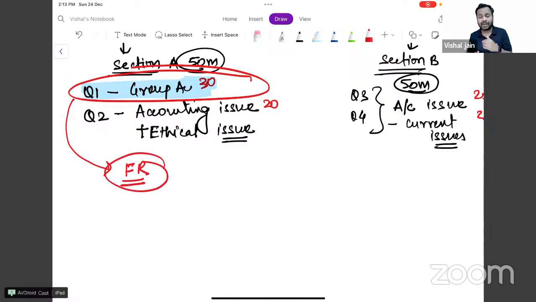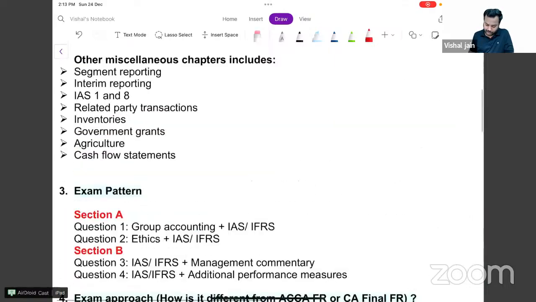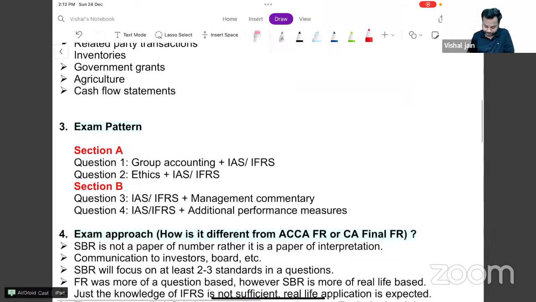Because in group accounting at FR level we give more focus on how to prepare the group accounts, but at SBR level we give more focus on the adjustments. So please watch the FR session for the group accounting part only. Now, this is all about the exam pattern.